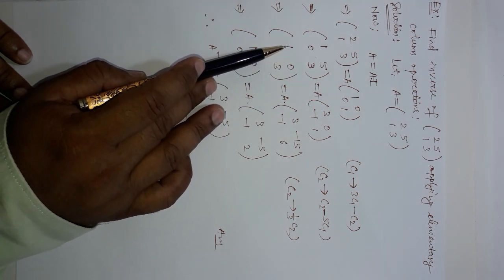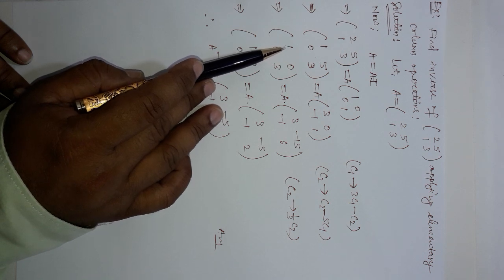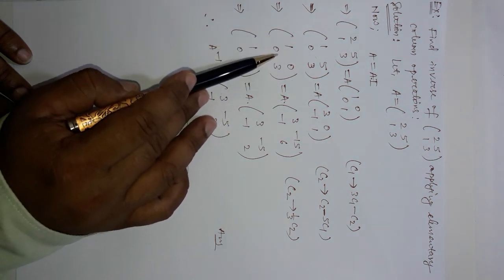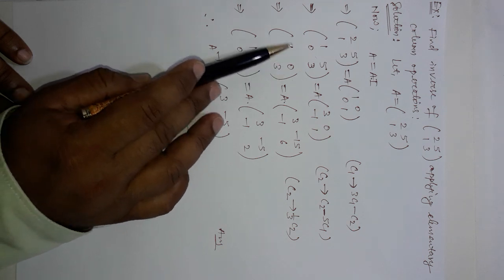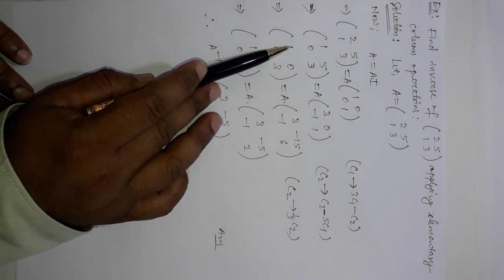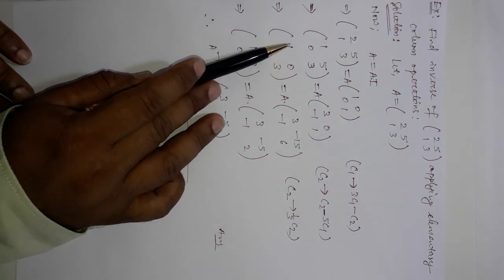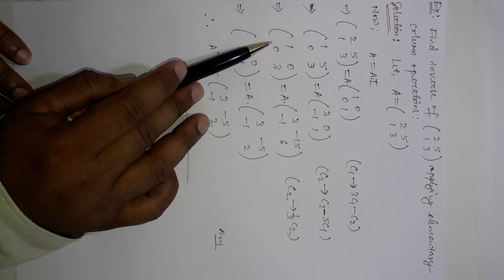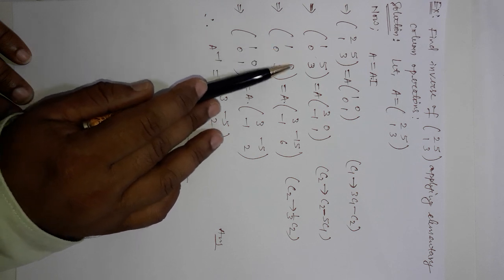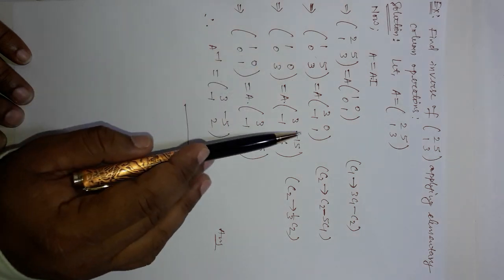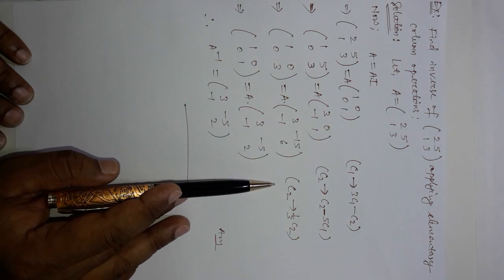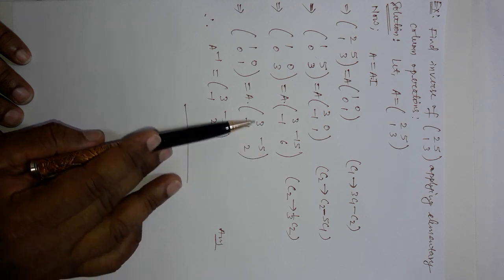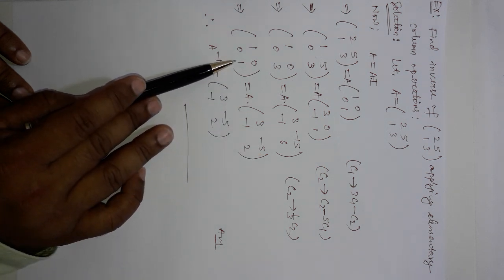On the left hand side, my aim will be to convert this matrix A to its same order identity matrix, and you know identity matrix diagonal elements are all 1, and non diagonal elements are 0.